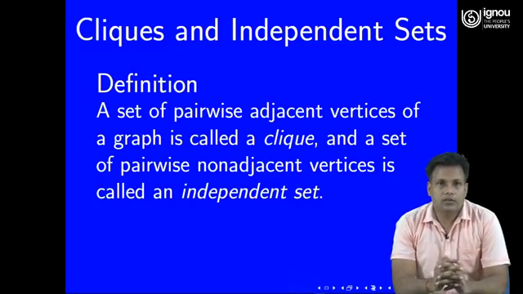Such notions give the concepts of cliques and independent sets. So first let's define what we mean by a clique. A set of pairwise adjacent vertices of a graph is called a clique, and a set of pairwise non-adjacent vertices is called an independent set.